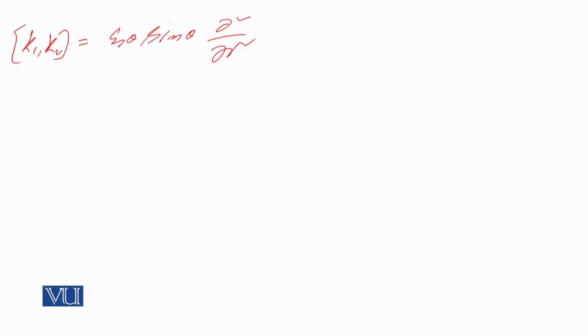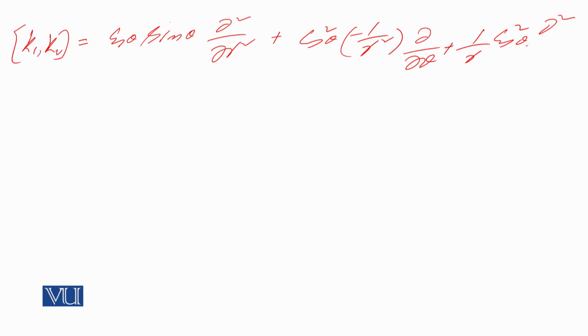Now when we apply the first term to the second, then we have the following result: cos square theta minus 1 over r square partial by partial theta plus 1 over r cos square theta partial square by partial r partial theta. So we have multiplied the first term to both terms of the second bracket.